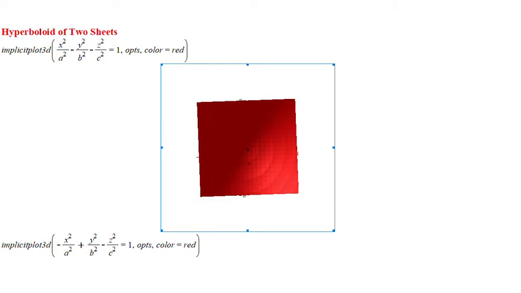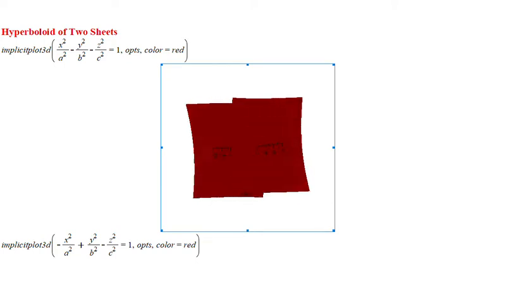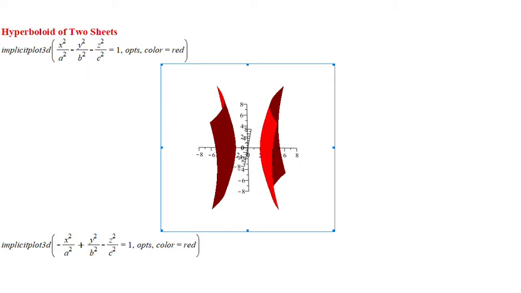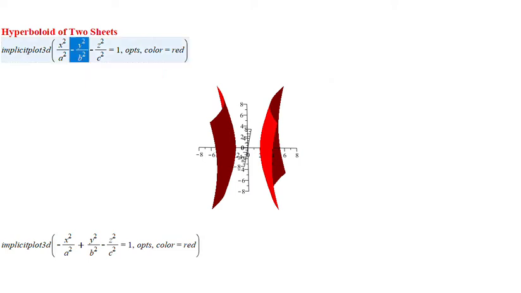Now here in the last hyperboloid of one sheet, we see the equation of the hyperboloid that has a negative on the x squared term, and the y squared and z squared are positive.